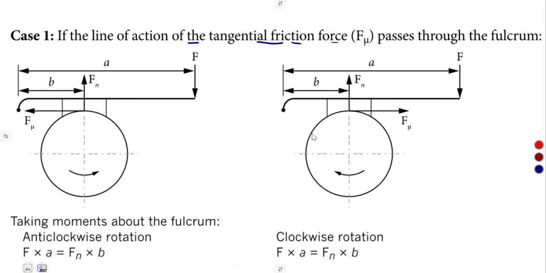We have the point here, which is going to be our fulcrum. If we check according to the anti-clockwise direction, the line of action of the tangential force, which is given as a tangent, will be straight. It passes through the fulcrum.